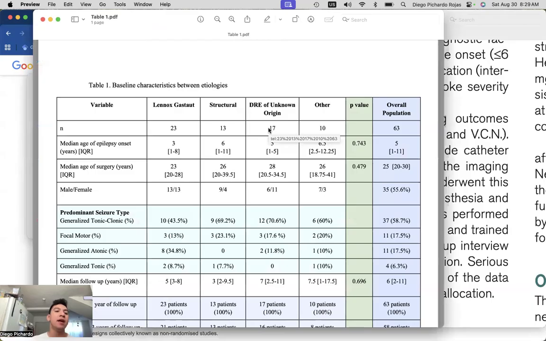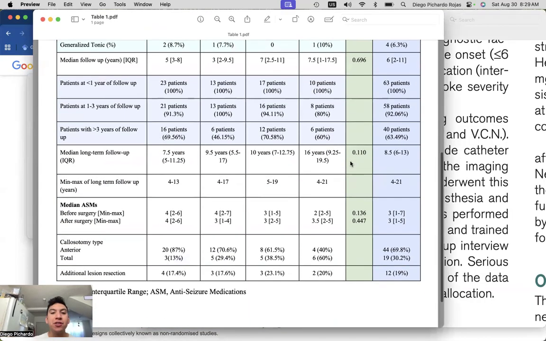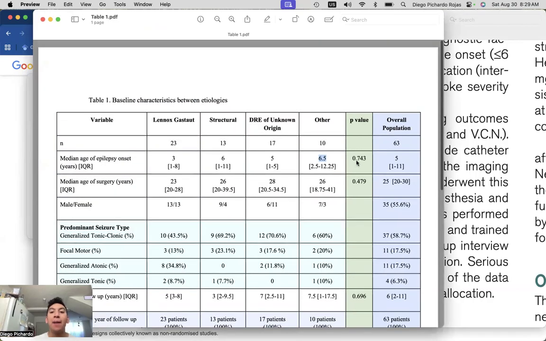As an example, you'll see that if you have three groups, four groups, they usually tell you they're 3 years old, 6 years old, 5 years old, 6.5 years old, and then you should usually have a p-value evaluating if there are significant differences between the groups, which can be analyzed through an ANOVA, one of the most common for numerical categories, all right?